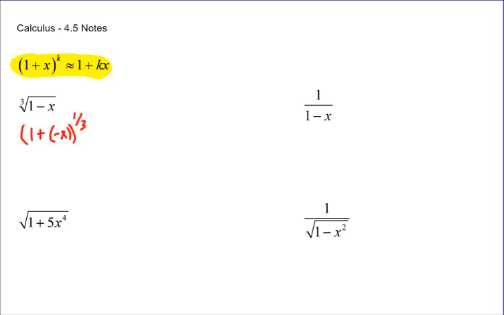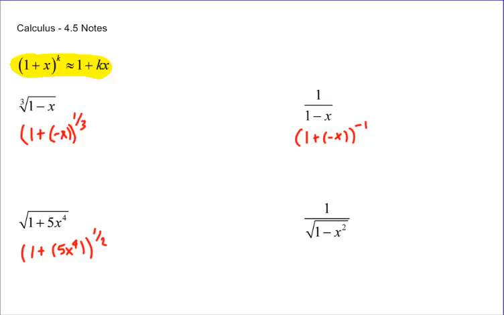So that guy would look like this. This one would be 1 plus negative x to the negative 1. Now this guy's a little bit different, but he would be 1 plus 5x to the 4th to the 1/2.